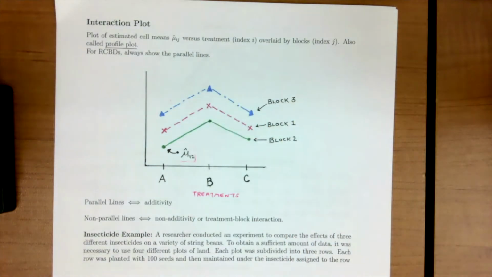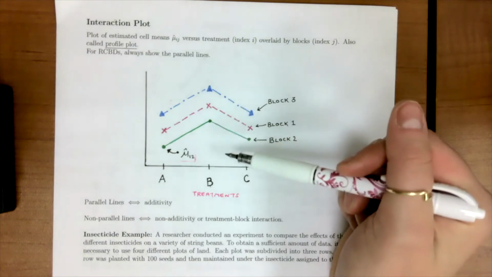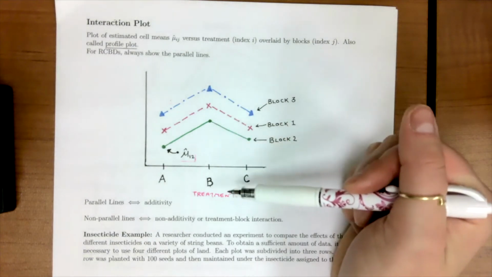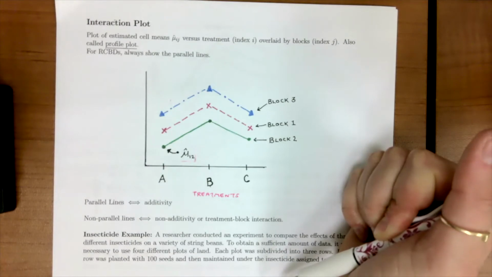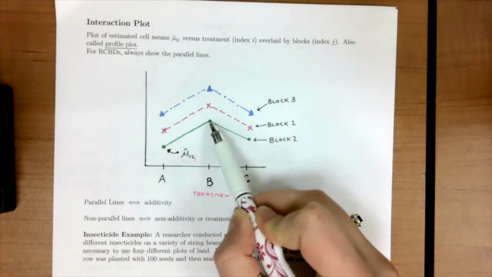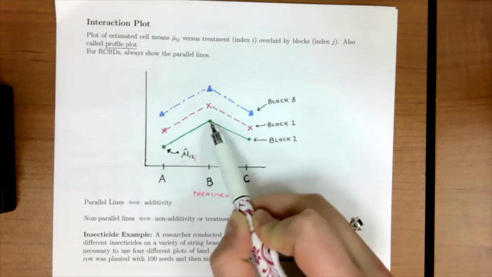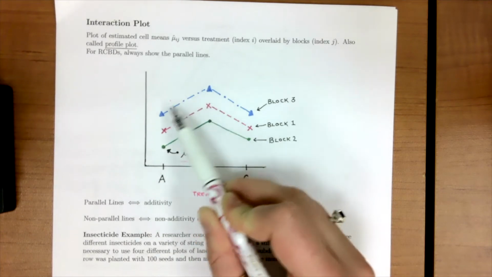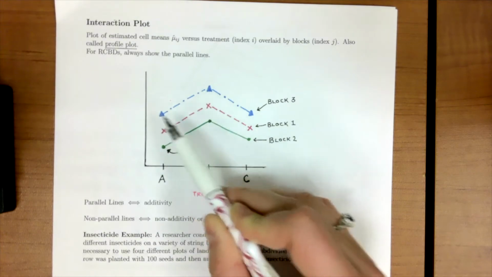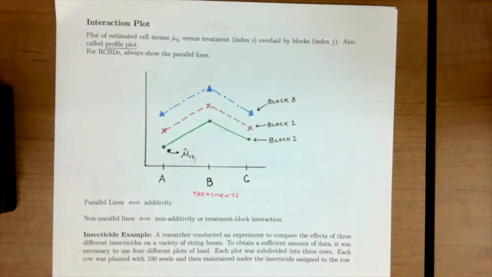So again, how the treatments relate to each other is the same. So treatment B is always higher than treatment A, regardless of the block. In block 2, treatment B is always higher than A. In block 1, B is always higher than A. And in block 3, B is always higher than A. Okay.